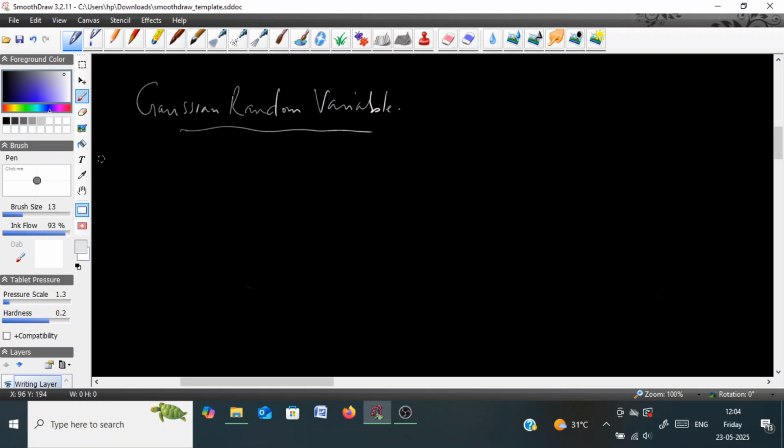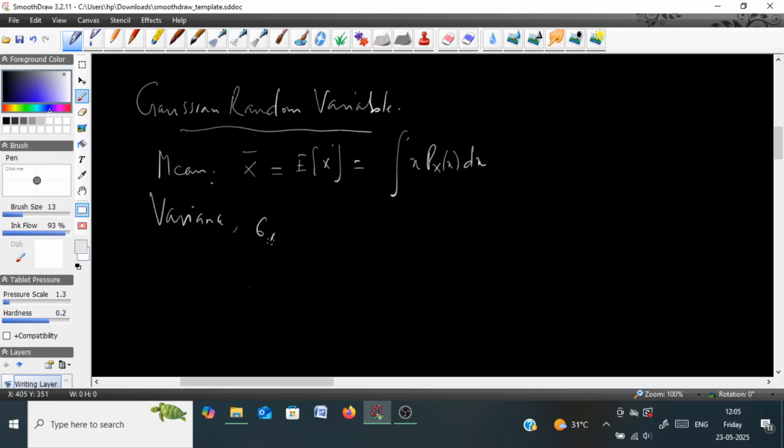In the last class, we discussed the mean and the variance of a random variable. The mean of random variable x, represented as x bar or denoted as E of x, is the integral of x times p x dx, and of course the variance sigma x square was defined as E of (x minus x bar) square.